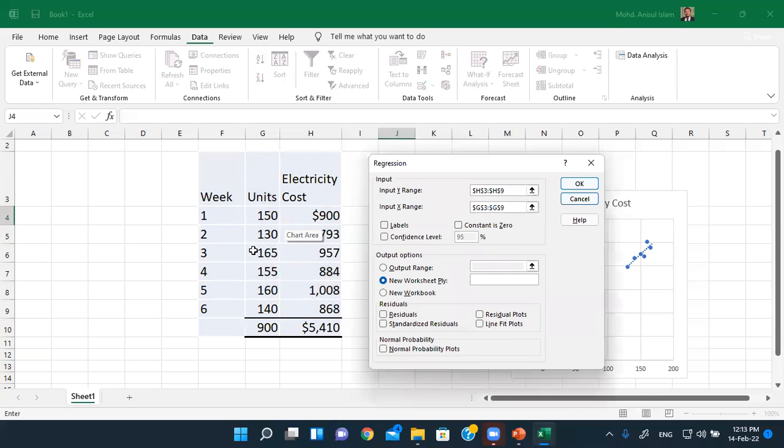And you see, I have selected the first cell of each column because they indicate labels. Otherwise, there will be some error message. Now you can select the output range where you'd like to get it, or by default it is a new worksheet. In the new worksheet, you will find it.